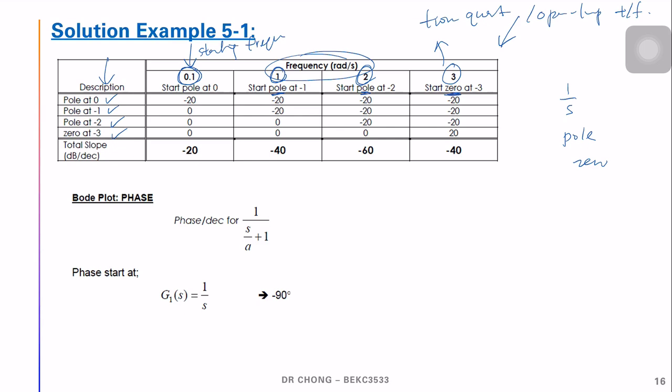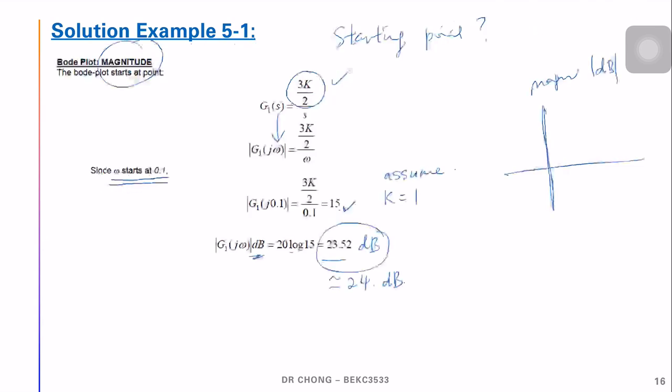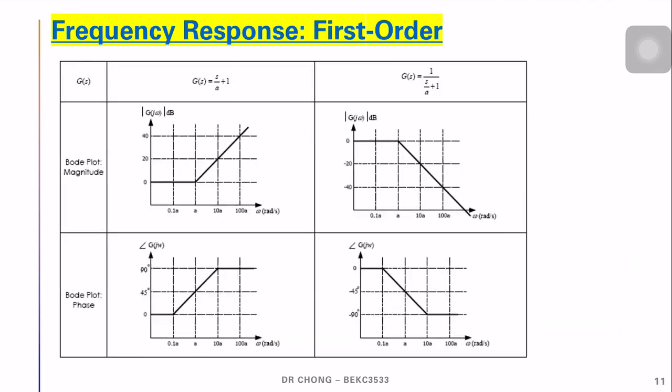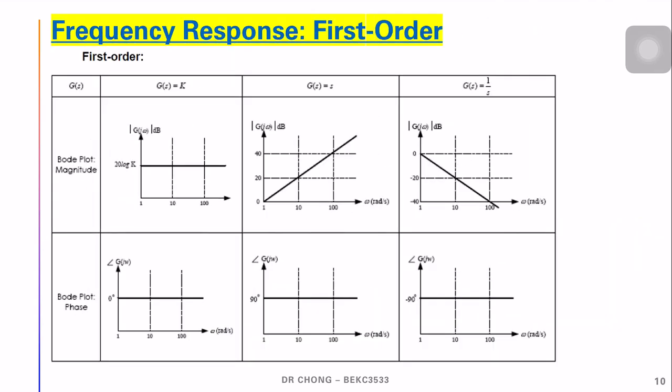Then let's see: if a pole is at 0, you follow this model. This one is zero, this one is pole. So a pole at 0 is 1 over s. If 1 over s, your magnitude will start from 0 and then decrease 20 dB per decade.